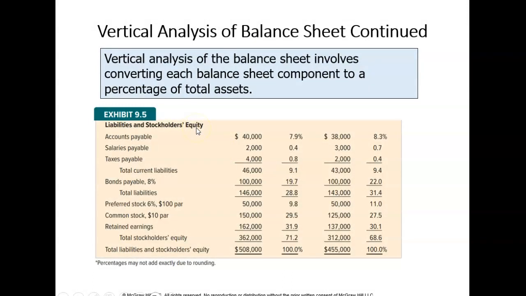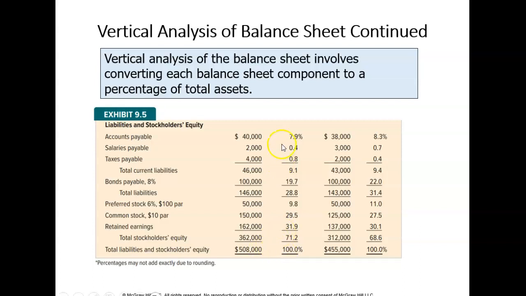Okay, if we keep going, now we're going to look at the liabilities and equity section. And now we're using total liabilities and equity as our basis. So now we're saying that accounts payable represents 7.9% of our total liabilities and stockholders' equity, whereas retained earnings represents 31.9% of our total liabilities plus stockholders' equity.